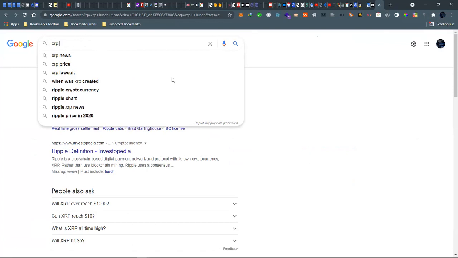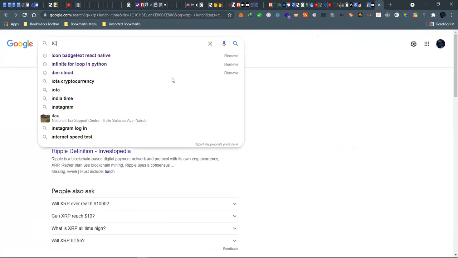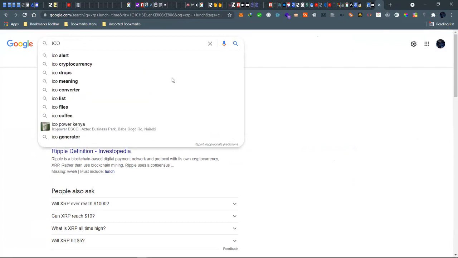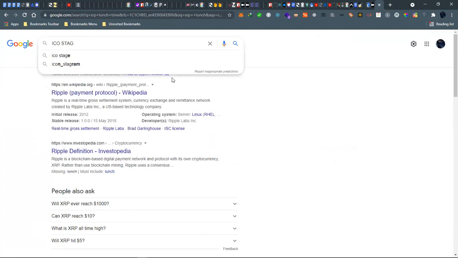So there are ICO stages. We have the one for whitelisting.